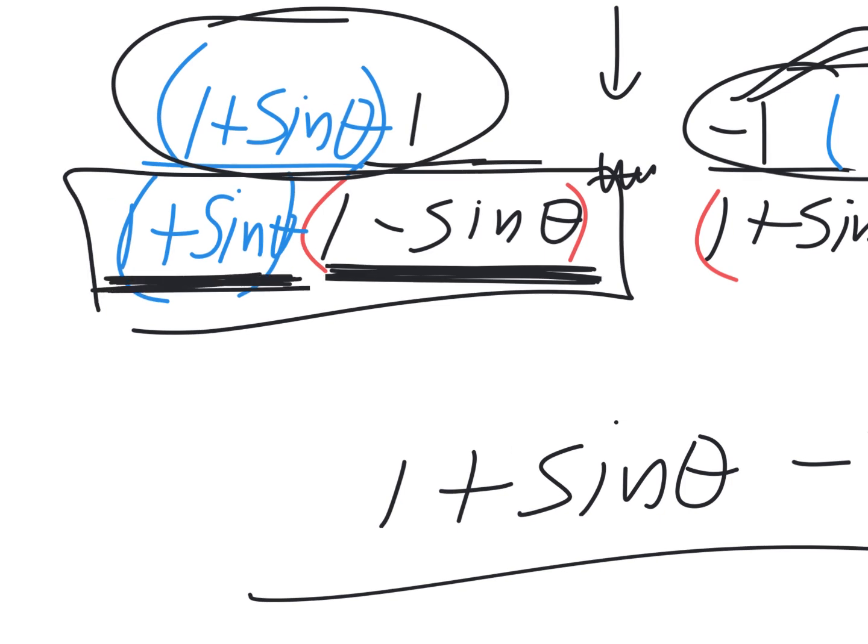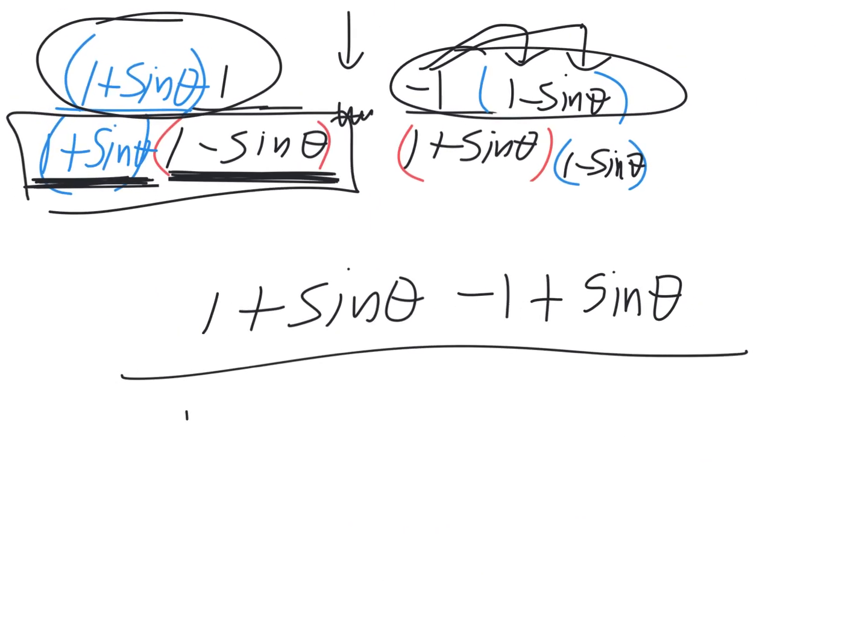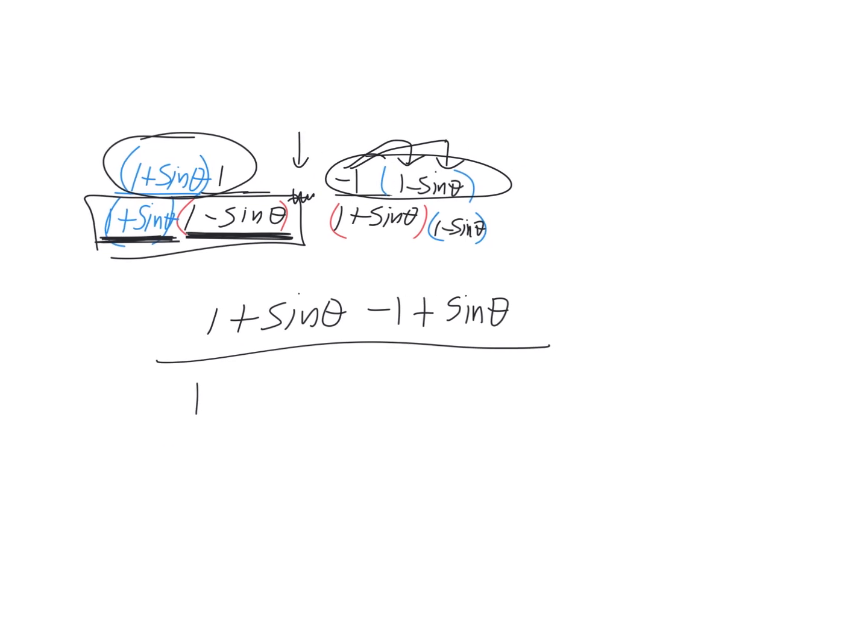When you multiply that out, you get 1 squared, which is 1. This is me multiplying it out. This times this, and then this times that, this times this, and this times that. And the outside and the inside ones, the negative sign and the plus sign, they cancel. So I am left with minus sine squared.